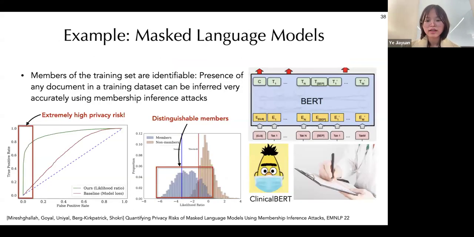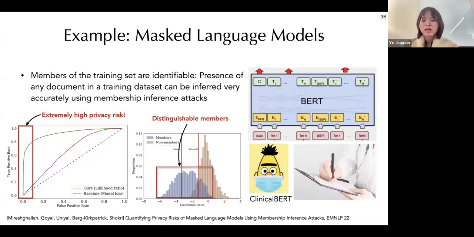And in the context of masked language model, where the goal is to train an embedding, people have also shown that by doing these more calibrated membership inference attacks, rather than the baseline here, which is the shadow model attack or population attack, you can get extremely high privacy risks at the low false positive rate region. That is, for a small amount of data, the attack success could be very high.